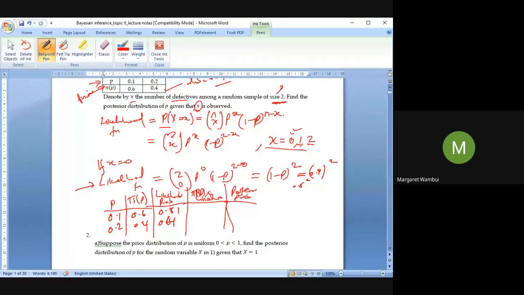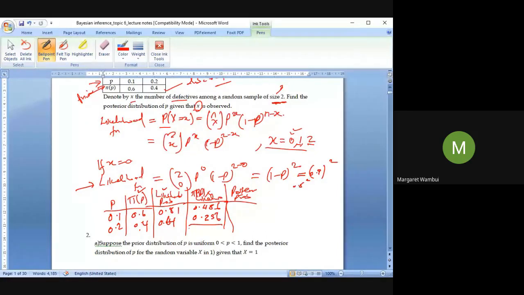Then you multiply your prior probabilities and likelihood probabilities. So you multiply 0.6 times 0.81, and this gives you 0.486. Then you multiply 0.4 times 0.64, and this gives you 0.256, and so on.